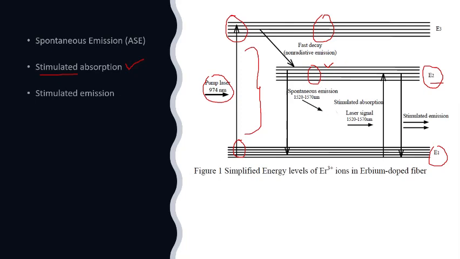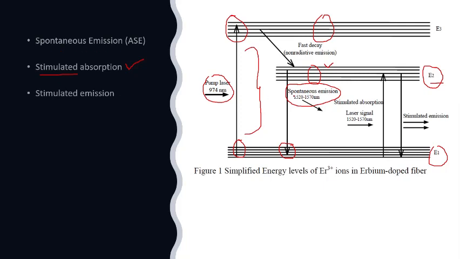After coming to this state, some ions automatically emit some energy and come down again to the ground state. That automatic emission of energy is known as spontaneous emission.